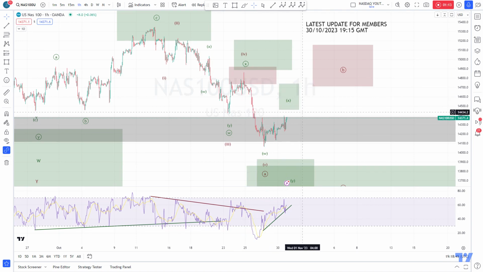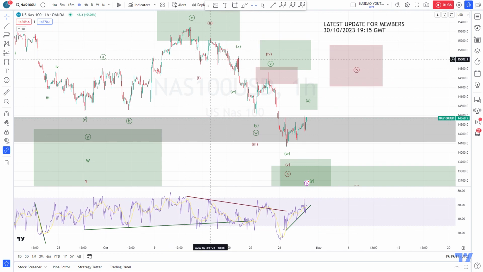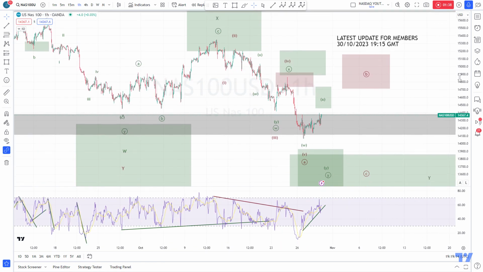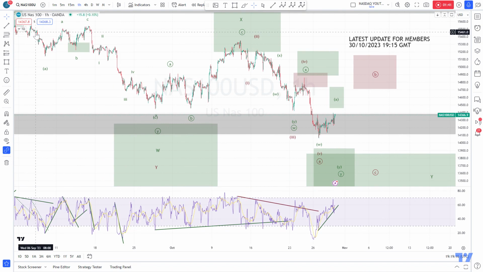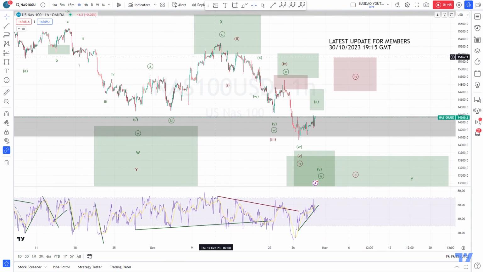So therefore, because we only have limited data here, not really clear structure, I think there are still two valid scenarios here. First, if we finished 5 waves down from this high, so we are doing this WXY correction, that would be the main expectation.